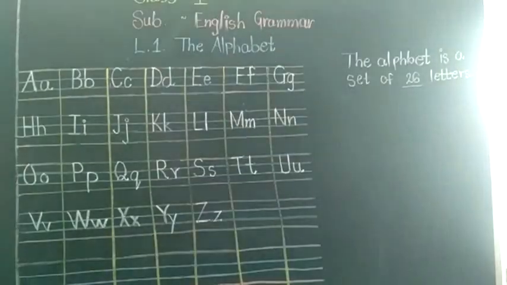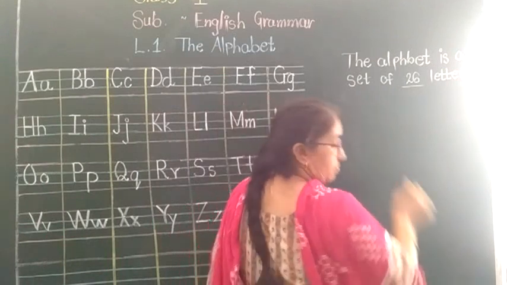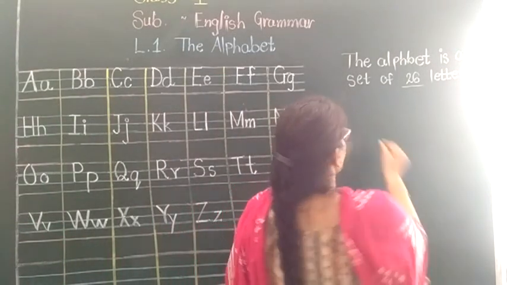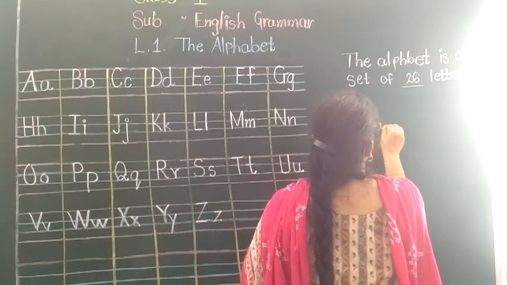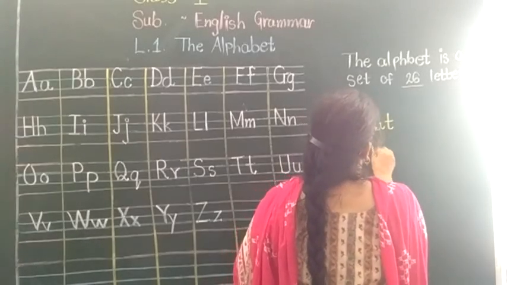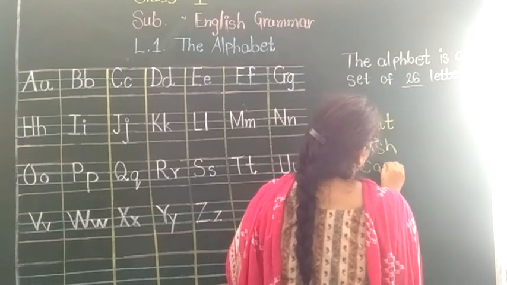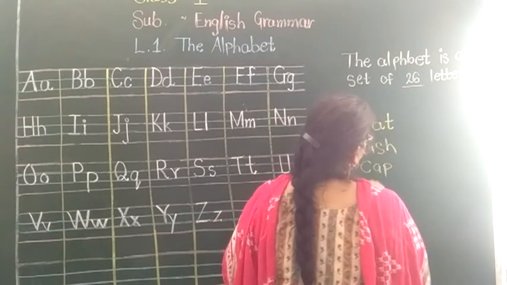Now you have to write it according to alphabetical order. So how will you write? See. Here first is hat, second is fish, the next is cap and last is pot.